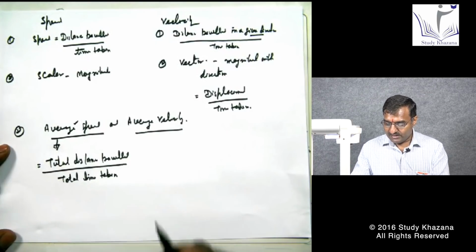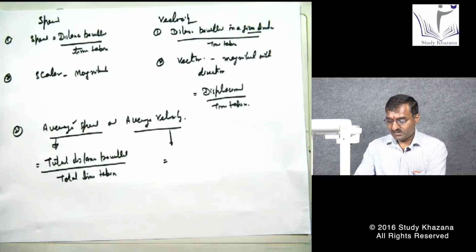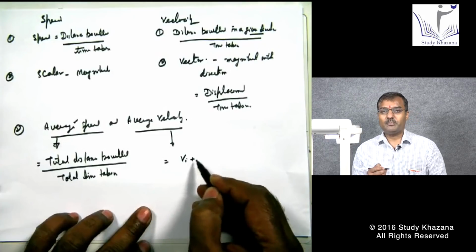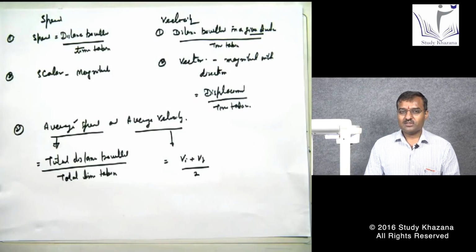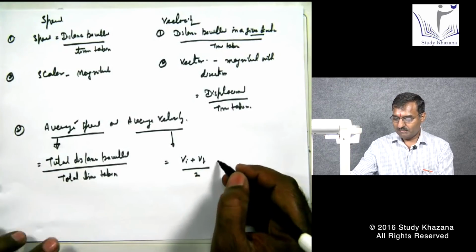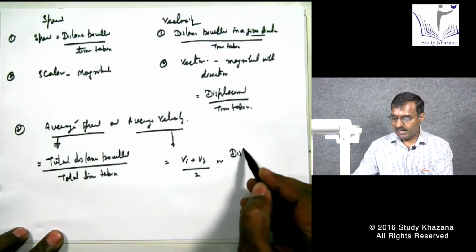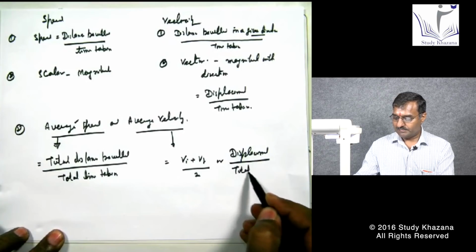Now, what is average velocity? Simply, average velocity we can define as the sum of initial velocity plus final velocity divided by 2, or we can also consider the displacement divided by the total time taken.